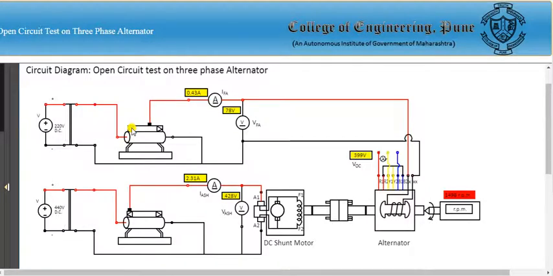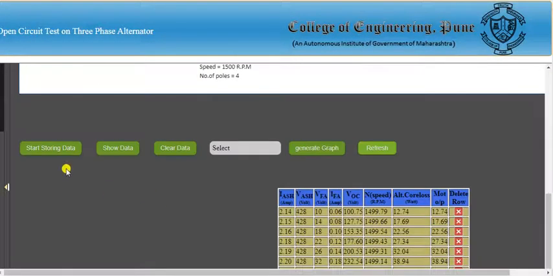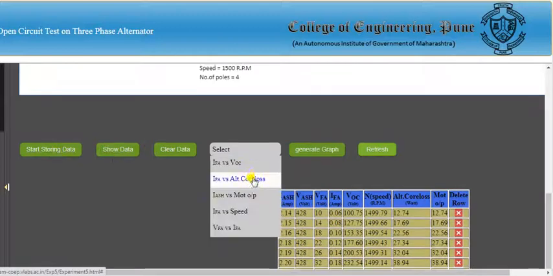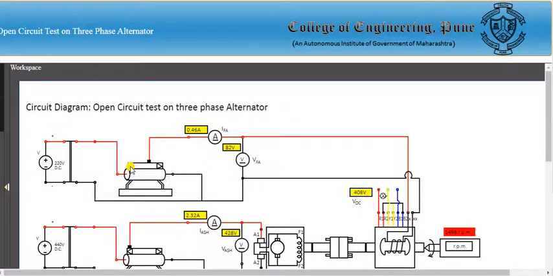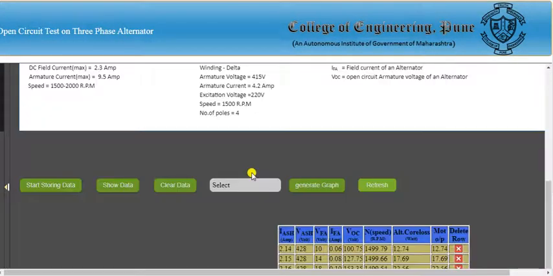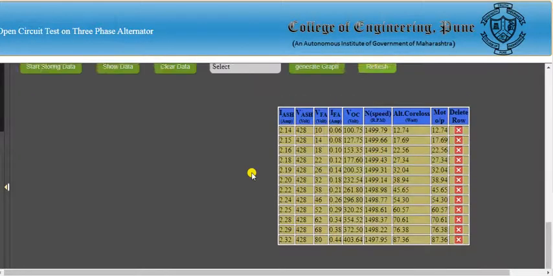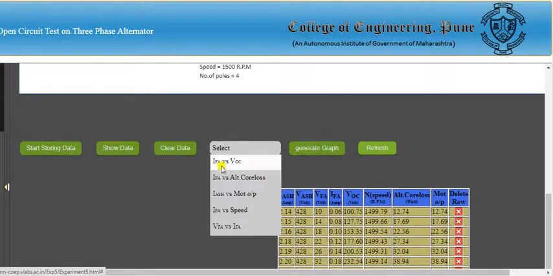Now again increase the value, it becomes 404 volt. Store data, show data. Again increase until it reaches 415 volt. Guys, the rated open circuit EMF of the alternator across the armature is 415 volt. So it reaches 408 volt, store data, show data.